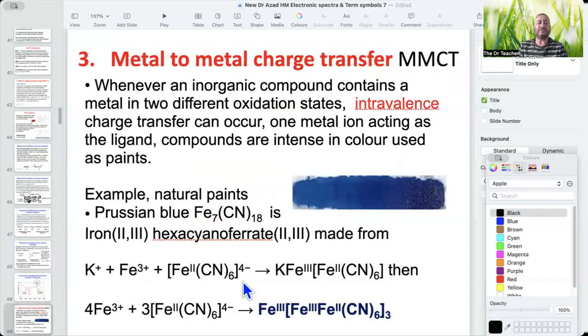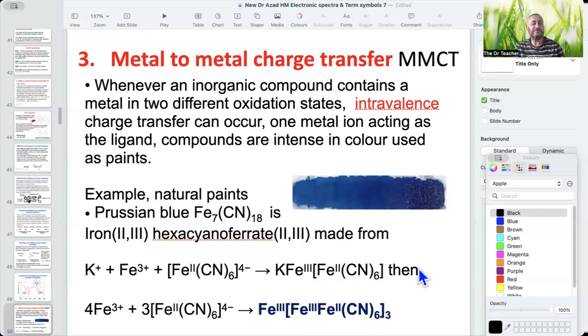So metal to metal charge transfer. Now this is the third one. We did ligand to metal, we did metal to ligand. This is the third one, metal to metal. Do we have such a thing? Yes. We can see it in Prussian blue, Fe7(CN)18. And the iron here is of two types, iron 2 and iron 3.